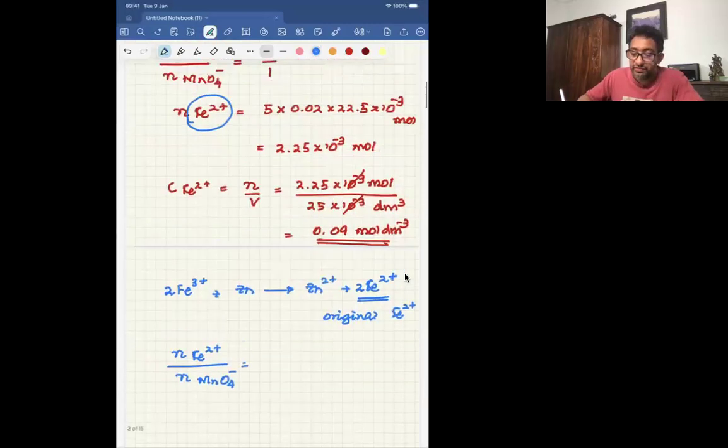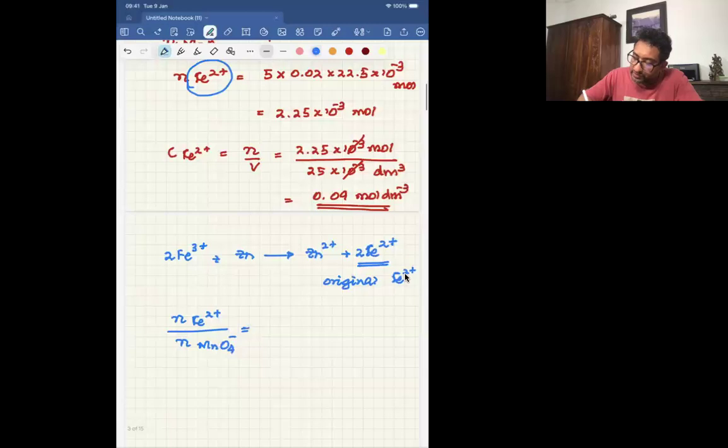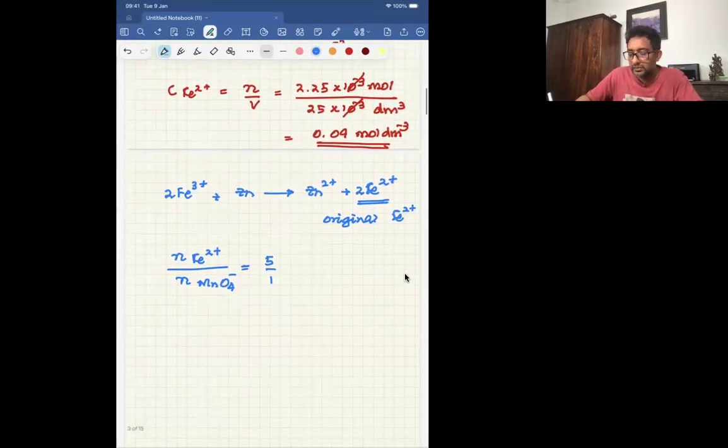Number of moles of Fe plus 2 is 5, number of moles of permanganate is 1. This Fe plus 2 that is reacting now is the original Fe plus 2 and the Fe plus 2 that was formed from Fe plus 3. Both are there. So what is the number of moles of Fe plus 2 here?